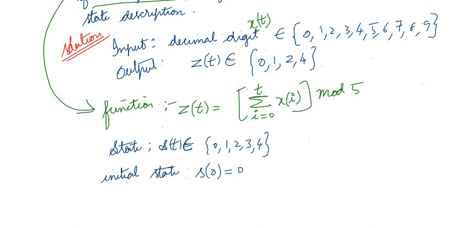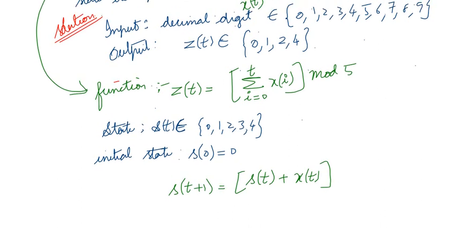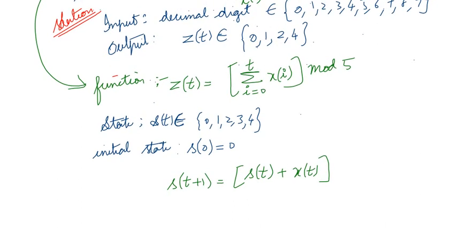Then what is the relation between the present state and the next state? The next state, S of t plus 1, is equal to the present state plus x of t, mod 5. What is happening? We keep on adding: the past value plus the input, mod 5.